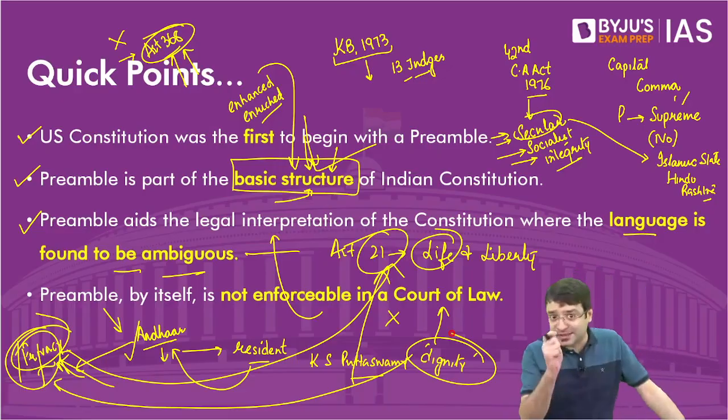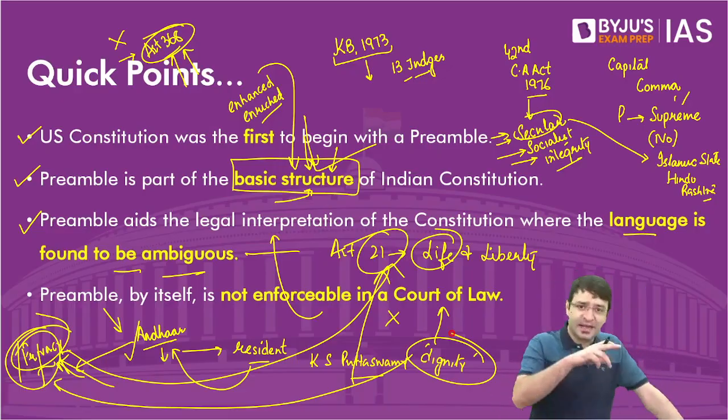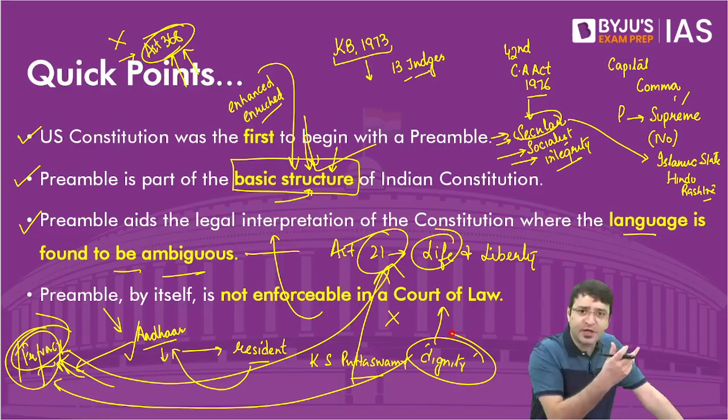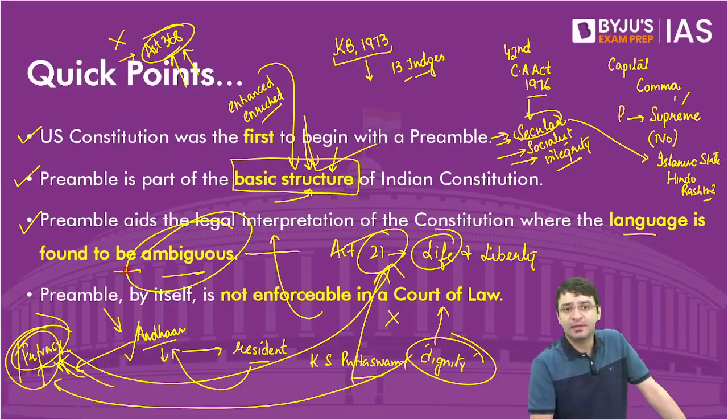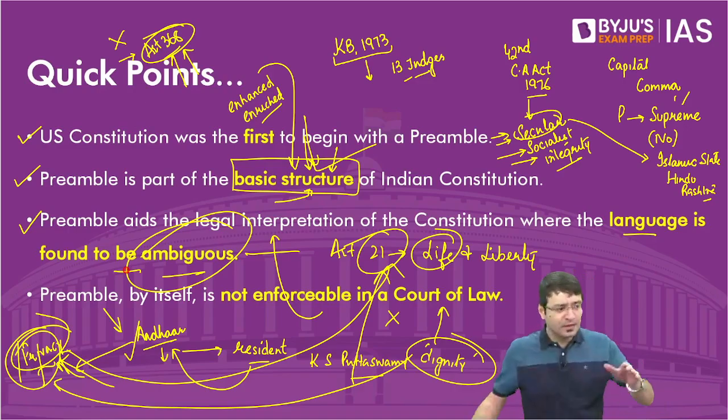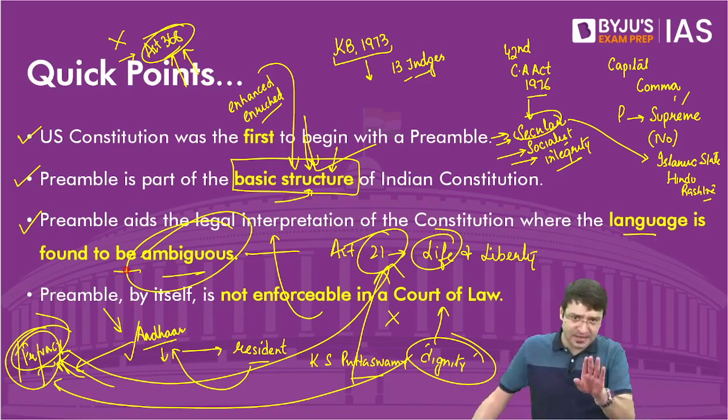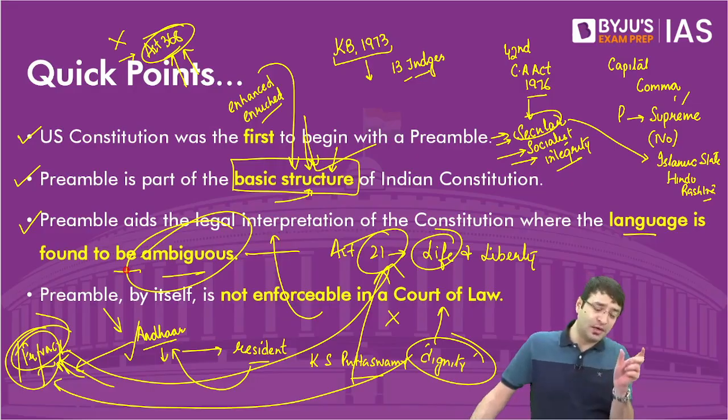So what is then the significance of preamble? It aids, it helps in the interpretation when the language is found to be ambiguous. That's the significance of preamble. So preamble can be amended, yes, but without altering the basic structure of the Constitution.